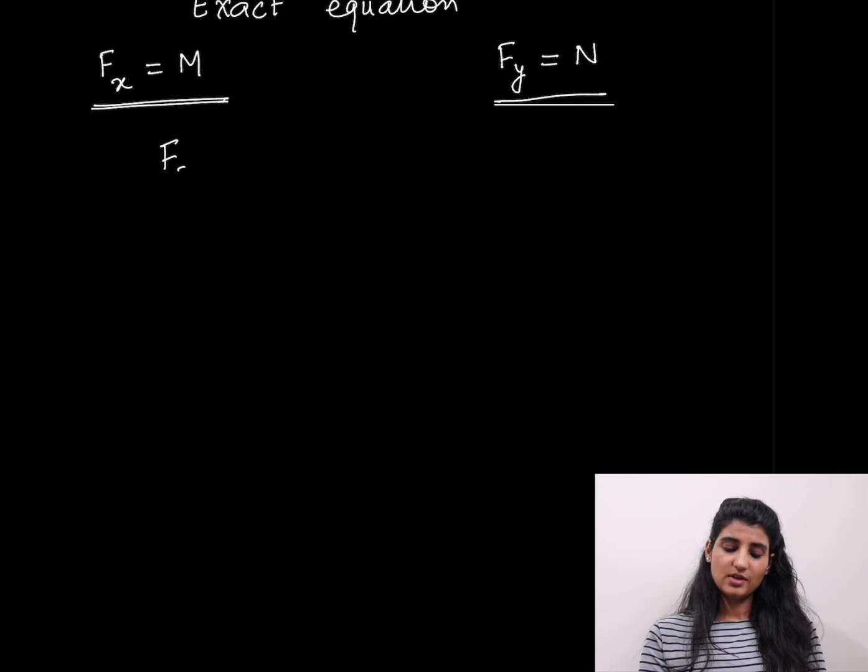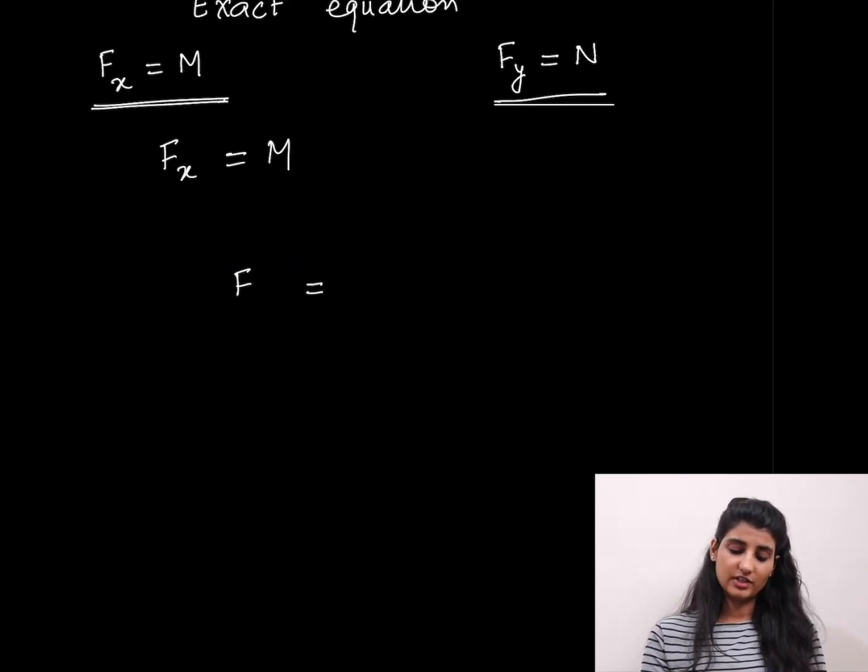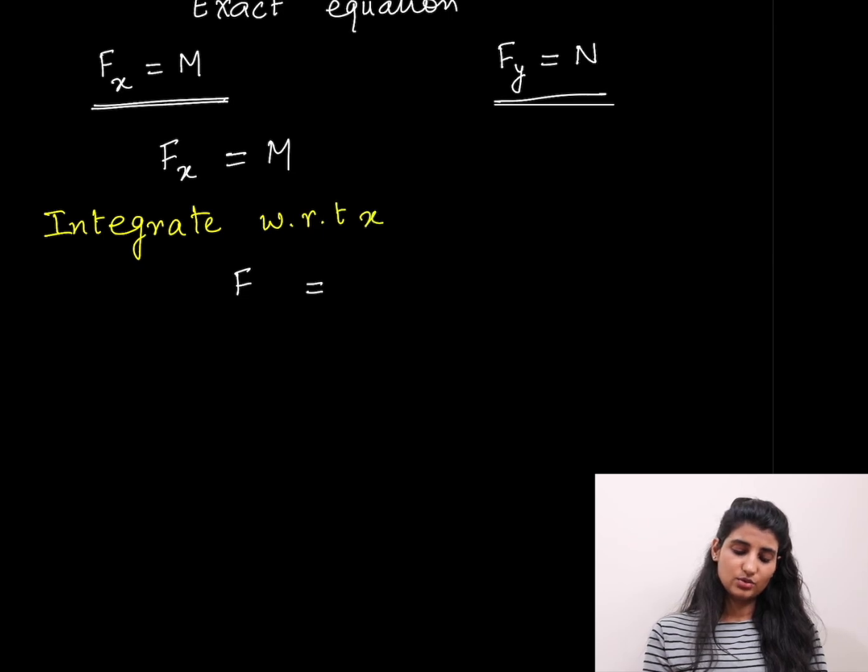So in this example, I am starting with fx equal to M. From here, if you want to calculate f, you integrate both sides with respect to x, right? Let's write in a different color so that we can clearly see the step. We integrate with respect to x.